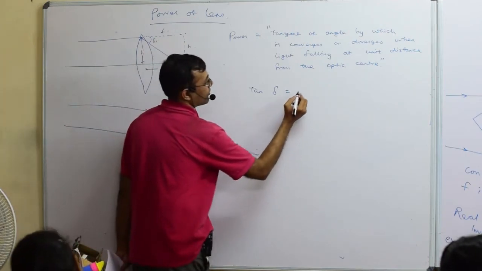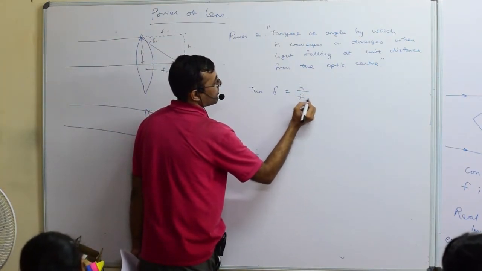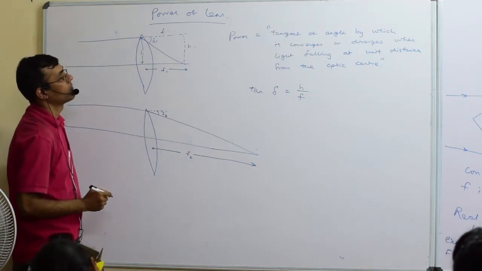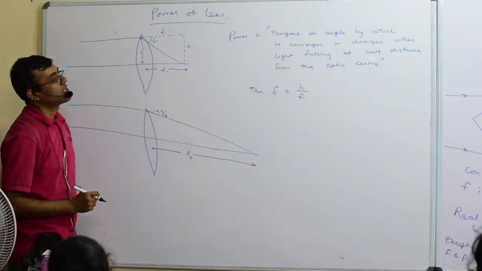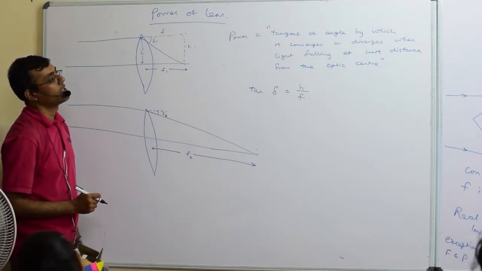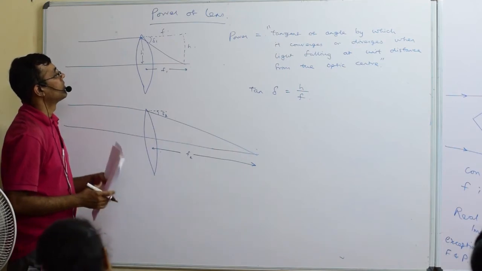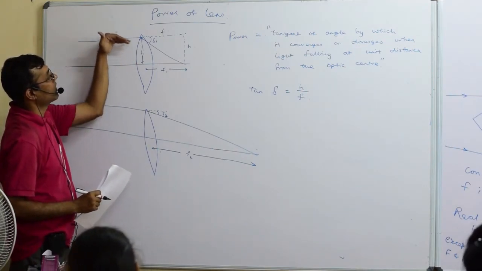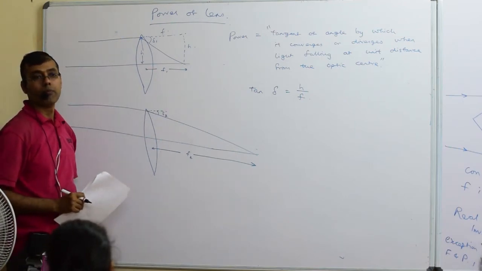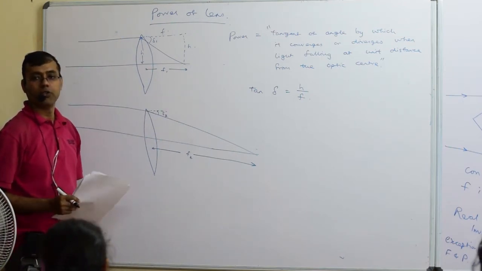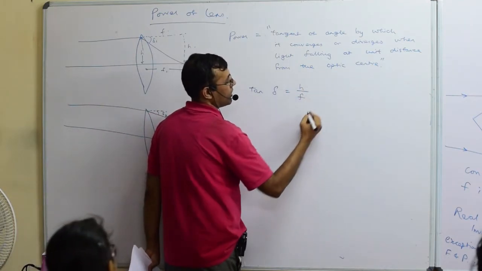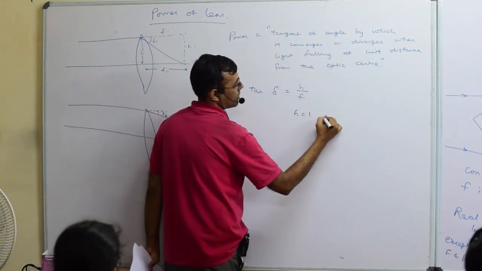So I am going to say opposite by adjacent. Tangent of angle by which it converges or diverges when light falling at unit distance from the optic center. So they are saying from the optic center the light has to be falling at unit distance. So h is equal to 1 unit distance. So it's something like 1 meter. According to the definition, which is equal to 1.